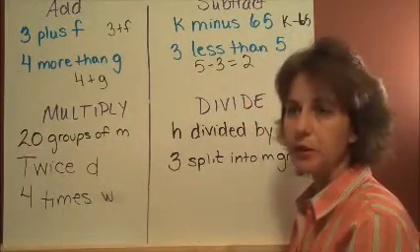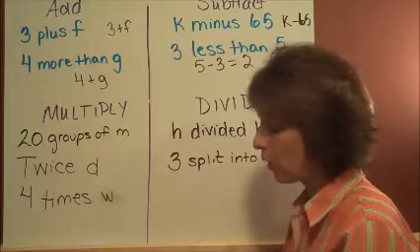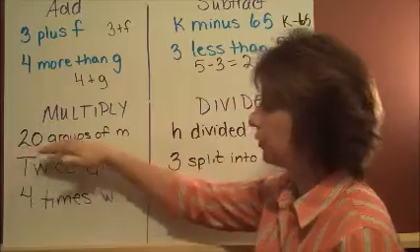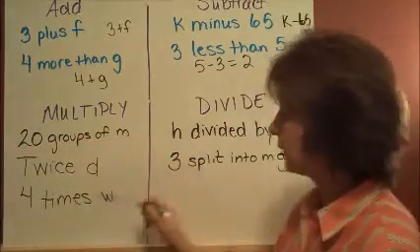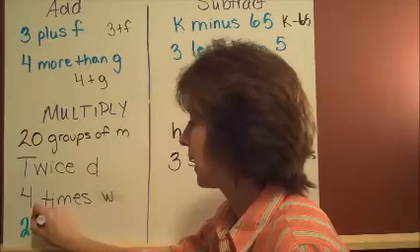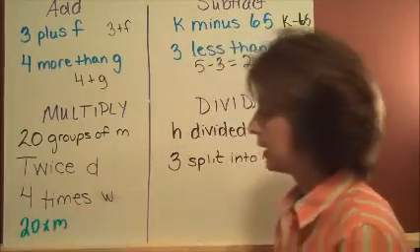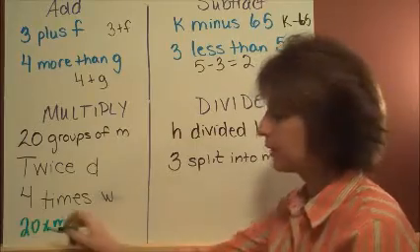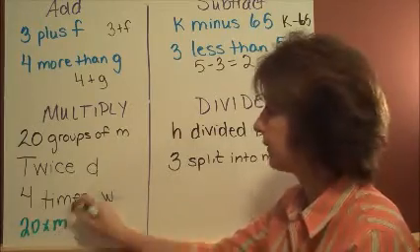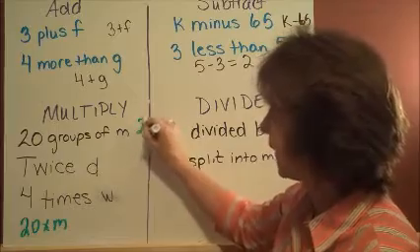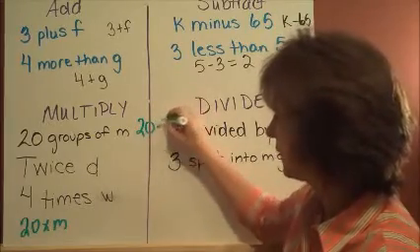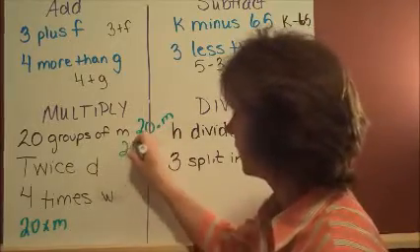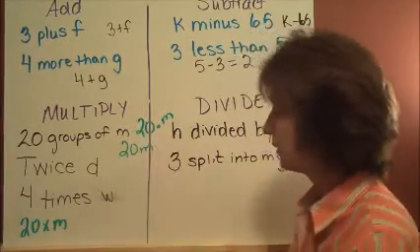Multiplication, when it comes to expressions, can be written more than one way. So when I do multiplying 20 groups of m, I can write it 20 times m. However, this looks like a variable, and because we're dealing with variables, this is not the preferred method of writing it. You may see it written as 20 times m, or you may see it written as 20m.